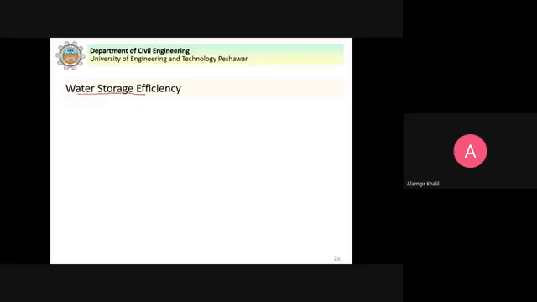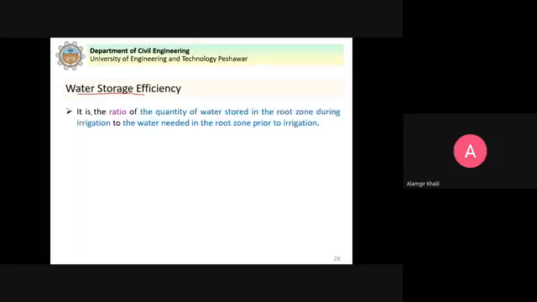Water storage efficiency. It is the ratio of the quantity of water stored in the root zone during irrigation to the water needed in the root zone prior to irrigation.